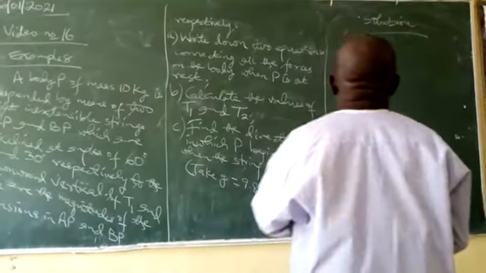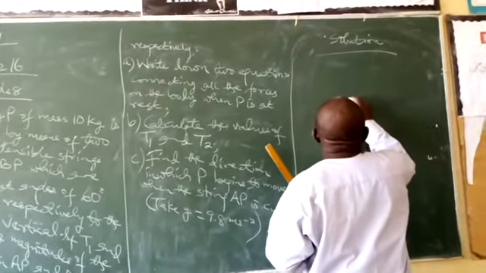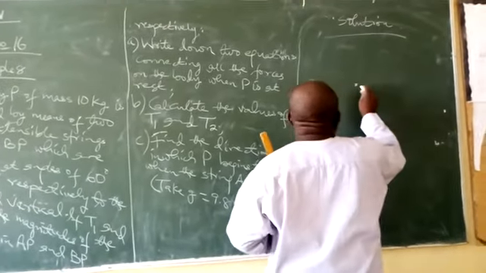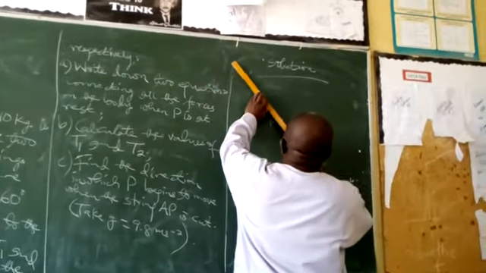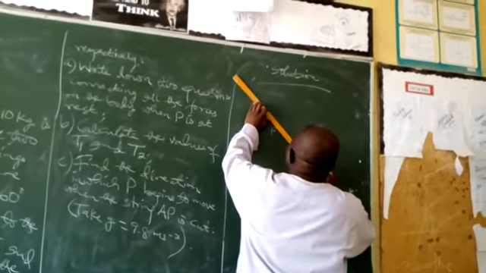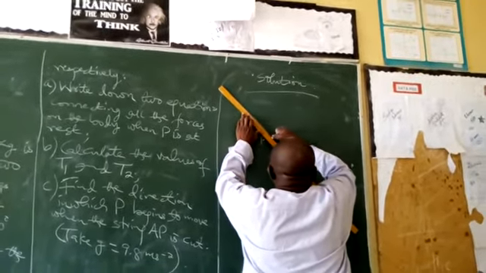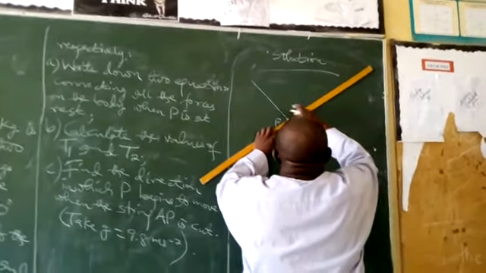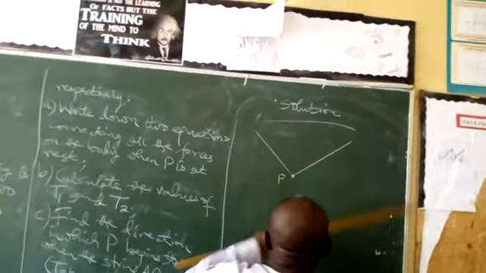So we draw the first diagram. This is the particle P, or the body P. These are the strings holding that particle.